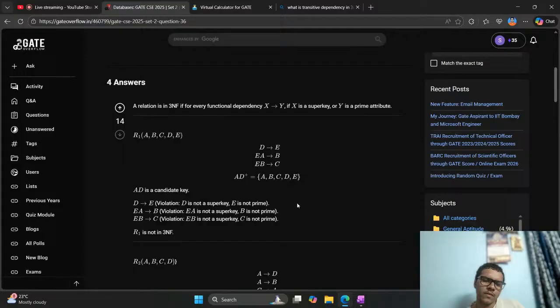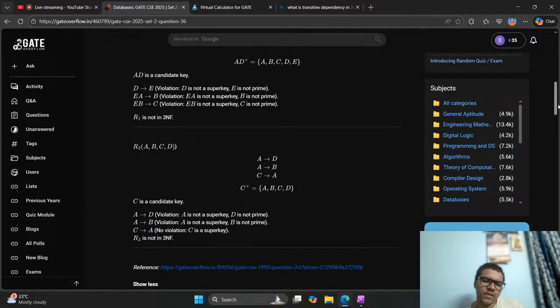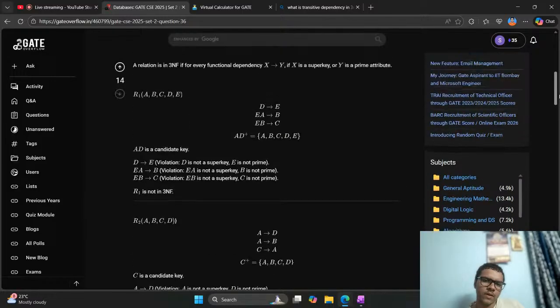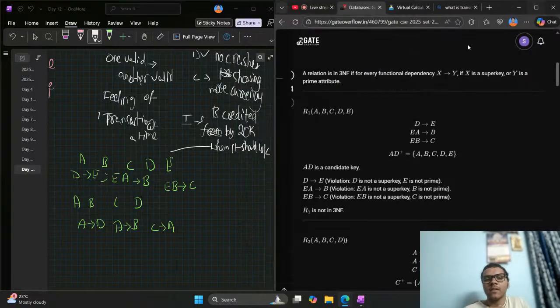And D. C is a candidate key. So D is needed for E, and if I provided with another information, let's say, okay D, so with D, alright, let's get some closures.